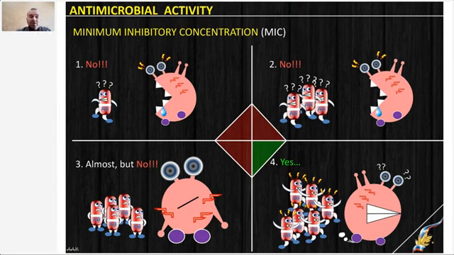And minimum inhibitory concentration is the lowest concentration of antimicrobial drug that will inhibit the visible growth of microorganisms following overnight incubation. And in routine practice nowadays, very often and usually MIC is reported as a mass in some volume, of course.